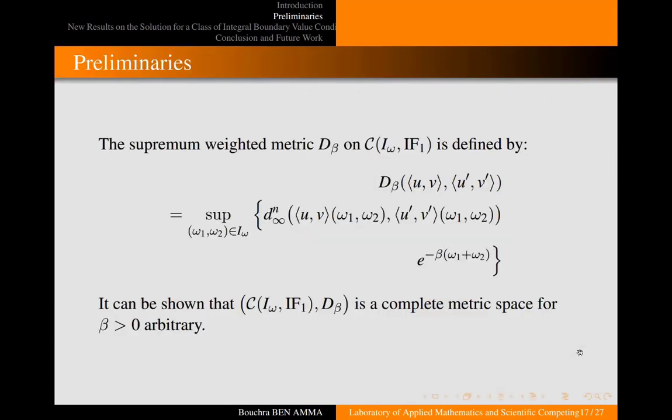We also need this intuitionistic fuzzy metric space with the supremum metric given by this formula, and we can show that it is a complete metric space in I of 1. We will rely on this intuitionistic fuzzy metric space in our common research.